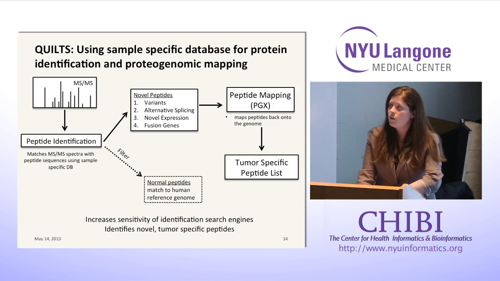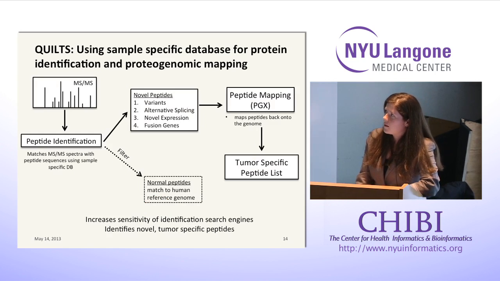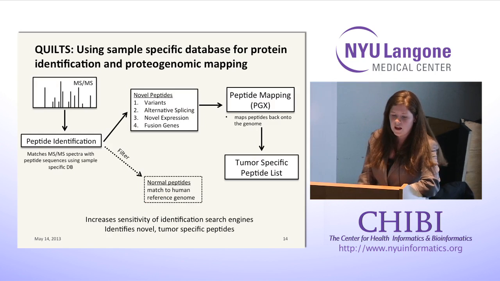Okay, so now here we have our spectra from the proteomic analysis. And again, we do the peptide identification by matching the spectra with the peptide sequences in the sample-specific database. We then filter out anything that's normal, so anything that matches to the human reference genome. And we keep anything that's novel, so variants, alternative spliced peptides, novel expression and fusion genes.